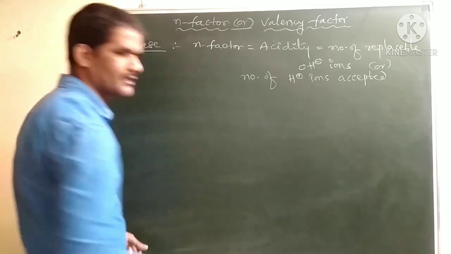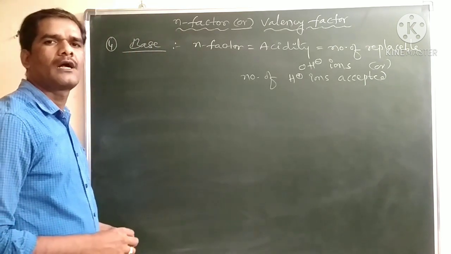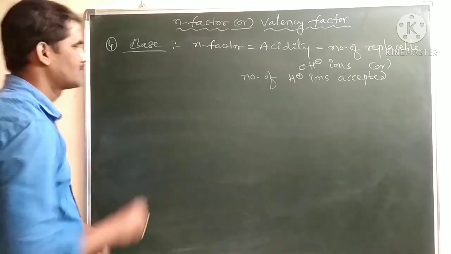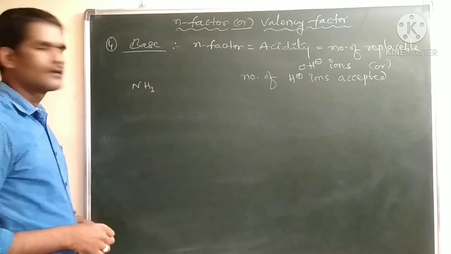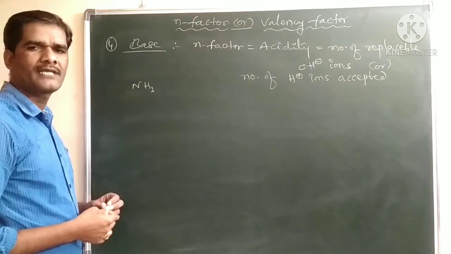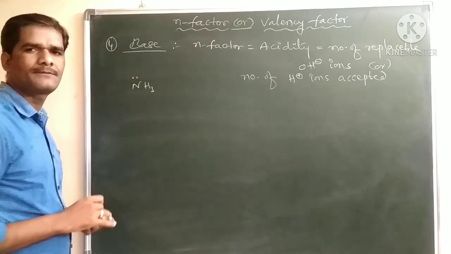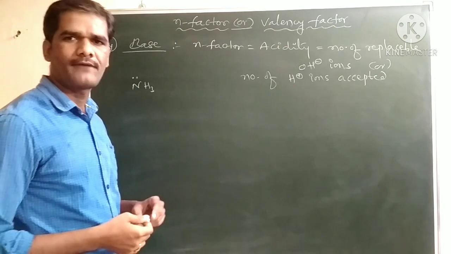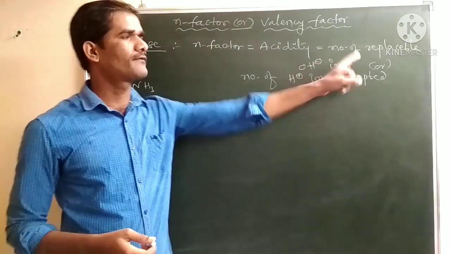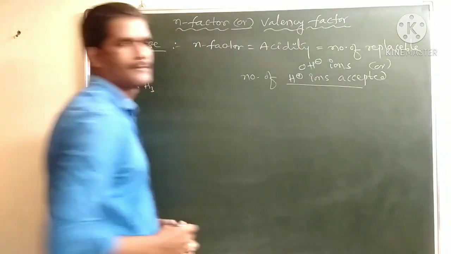Organic bases generally mean nitrogen compounds, that is, amine derivatives. Let us take ammonia. Ammonia is a base. What is the N factor for ammonia here? Here ammonia accepts one H plus ion. So you can take another definition for N factor of a base: number of replaceable OH minus or number of H plus ions accepted.